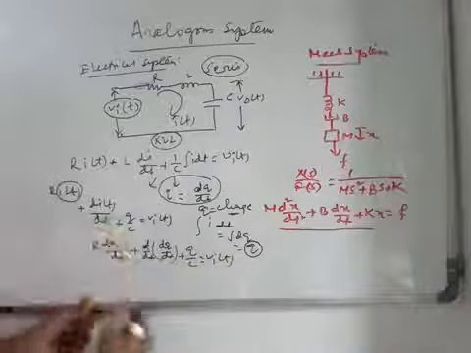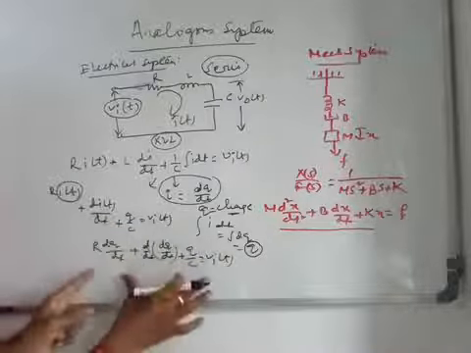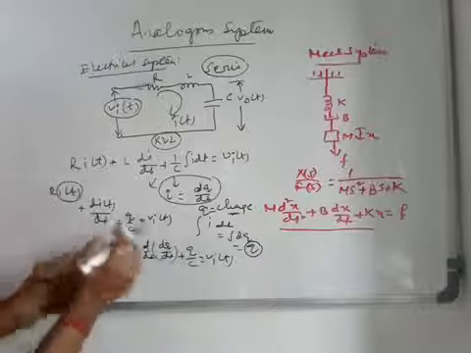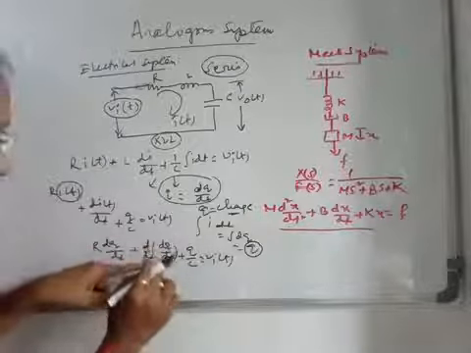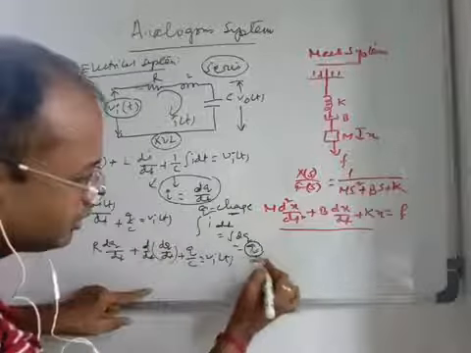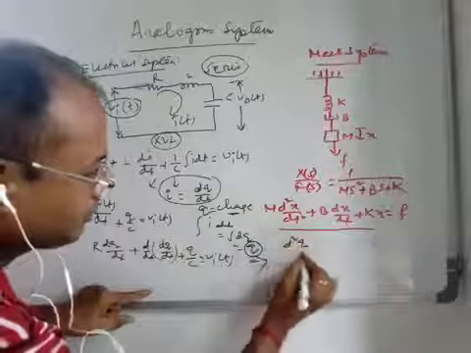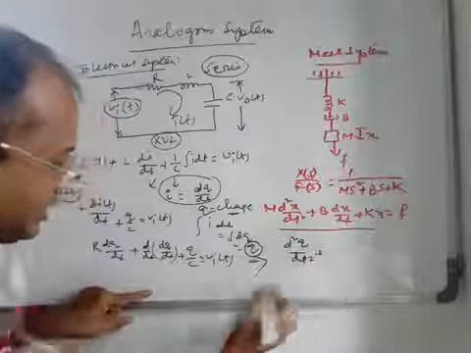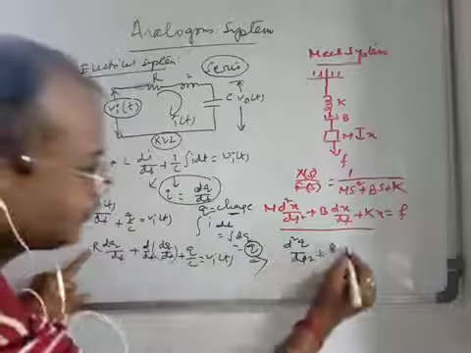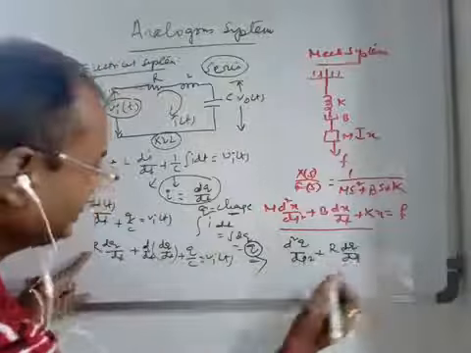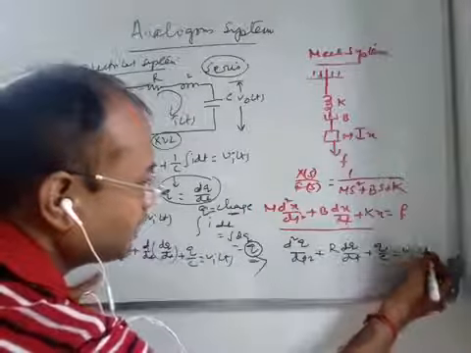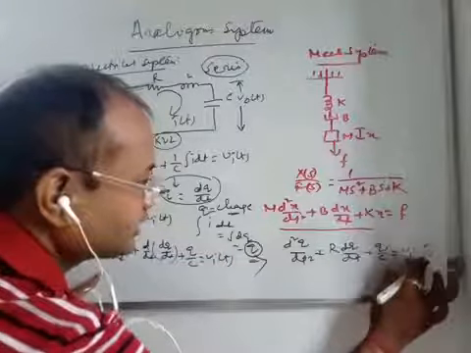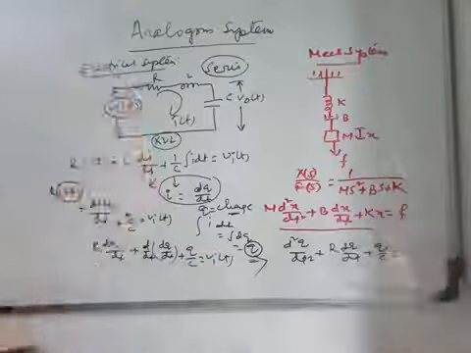If you write these equations from the highest order to the lowest order, what do we get for d/dt of dq/dt? That means d²q/dt². So L d²q/dt² plus R dq/dt plus q/C is equal to v(t).